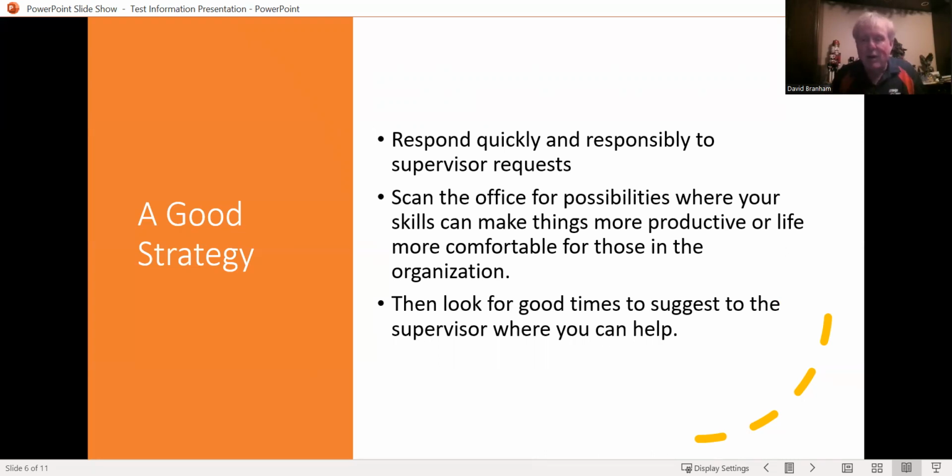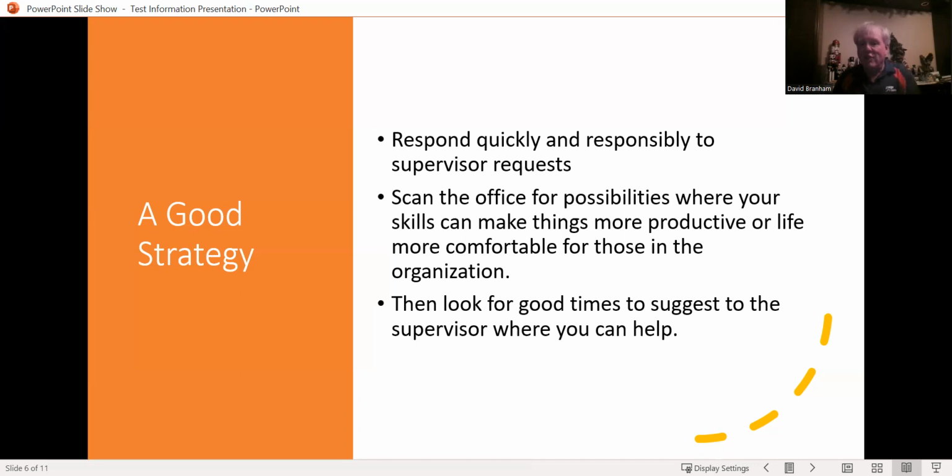And this new young person coming in who's highly skilled is a threat to that. Understand that, so try to put yourself in the other person's place. If you see something that can help, try to present it in a manner that is not threatening to the person there, and perhaps it'll be easier for you to get that done. The last thing is look for good things to suggest to the supervisor where you can help.